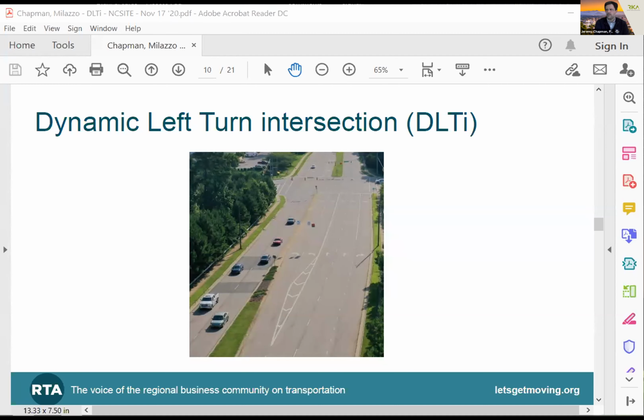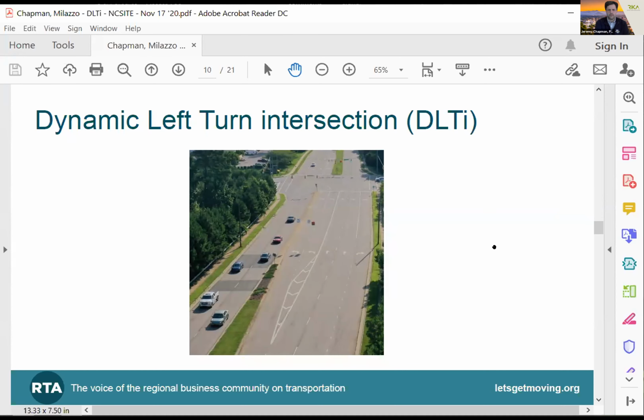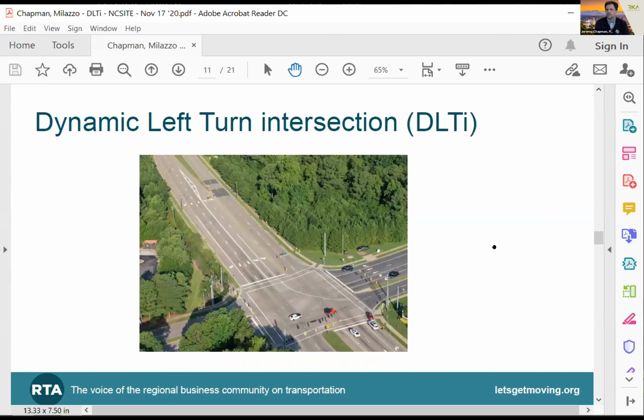And one of the solutions that we came up with, at least as a temporary idea, instead of using the typical skip dash to designate the center between two turning lanes, we decided to make it a full solid line. I don't know, Joe, is that in? Yeah, that's in the next slide. You can see that if you want to advance.